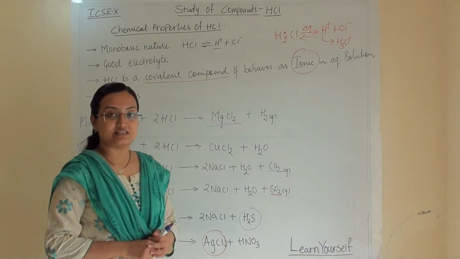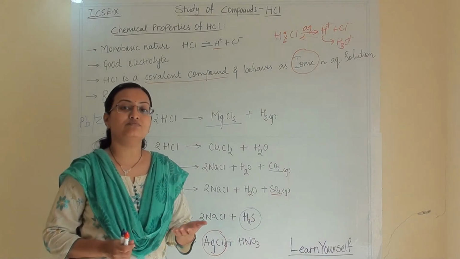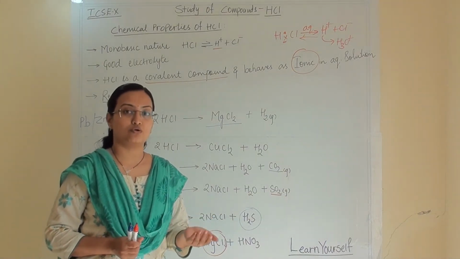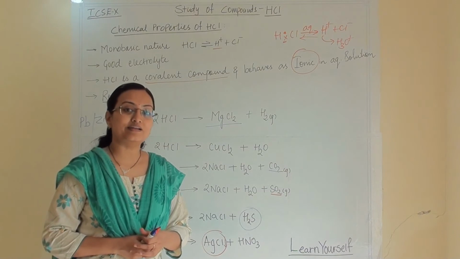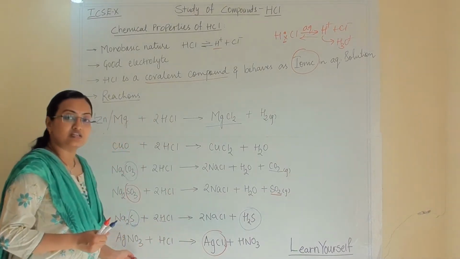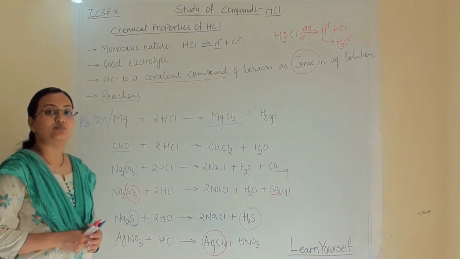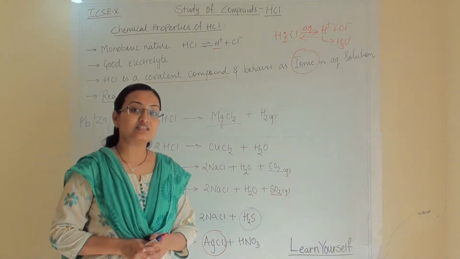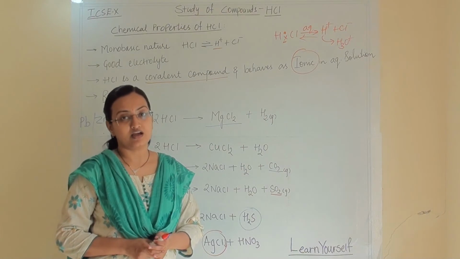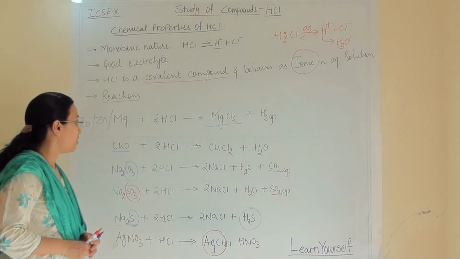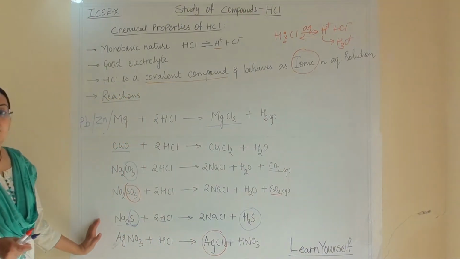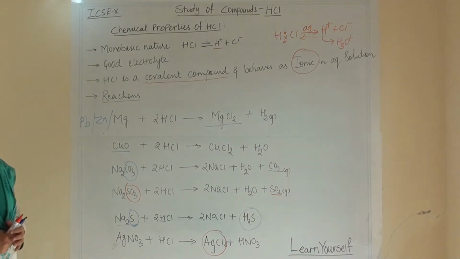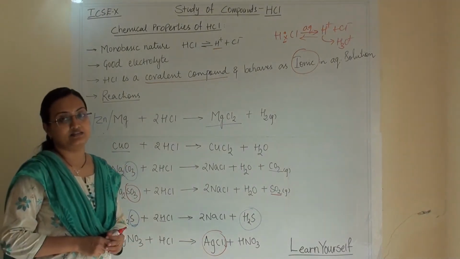When any acid is there and you want to confirm whether it is hydrochloric acid or not, you have to add it into silver nitrate solution. If it gives us a white precipitate, then it is confirmed that it is hydrochloric acid. So all these reactions are particular properties of hydrochloric acid.